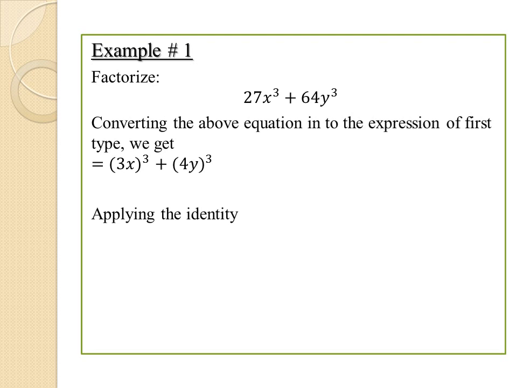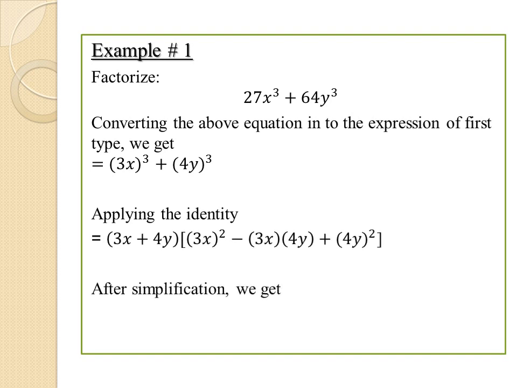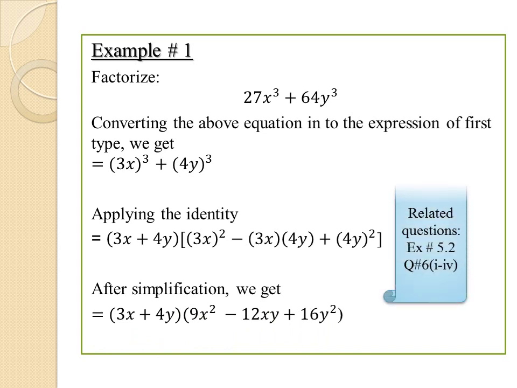Applying the identity a cube plus b cube, we will get 3x plus 4y into 3x whole square minus 3x into 4y plus 4y whole square. After simplification, we get the answer, which is 3x plus 4y into 9x square minus 12xy plus 16y square. The questions related to this type are question number 6, part 1 to part 4.